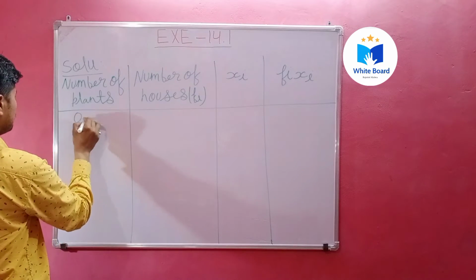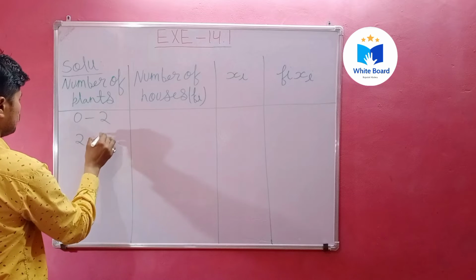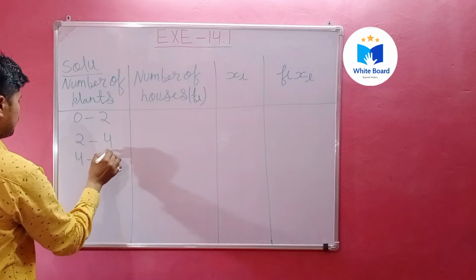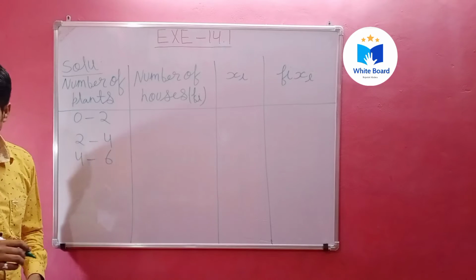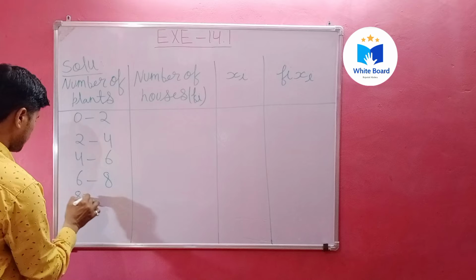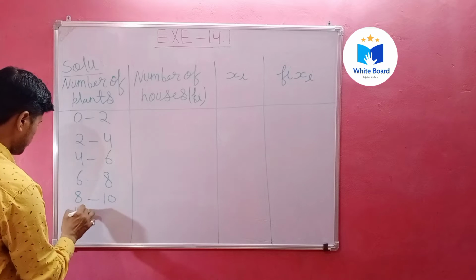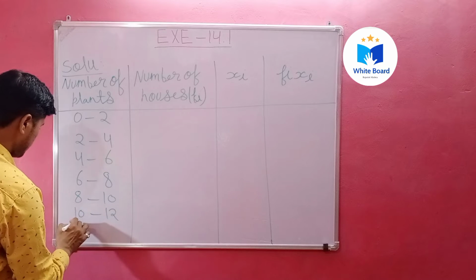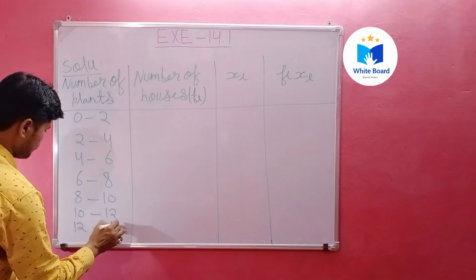This is like 0 to 2, 2 to 4, 4 to 6, 6 to 8, 8 to 10, 10 to 12 and 12 to 14.